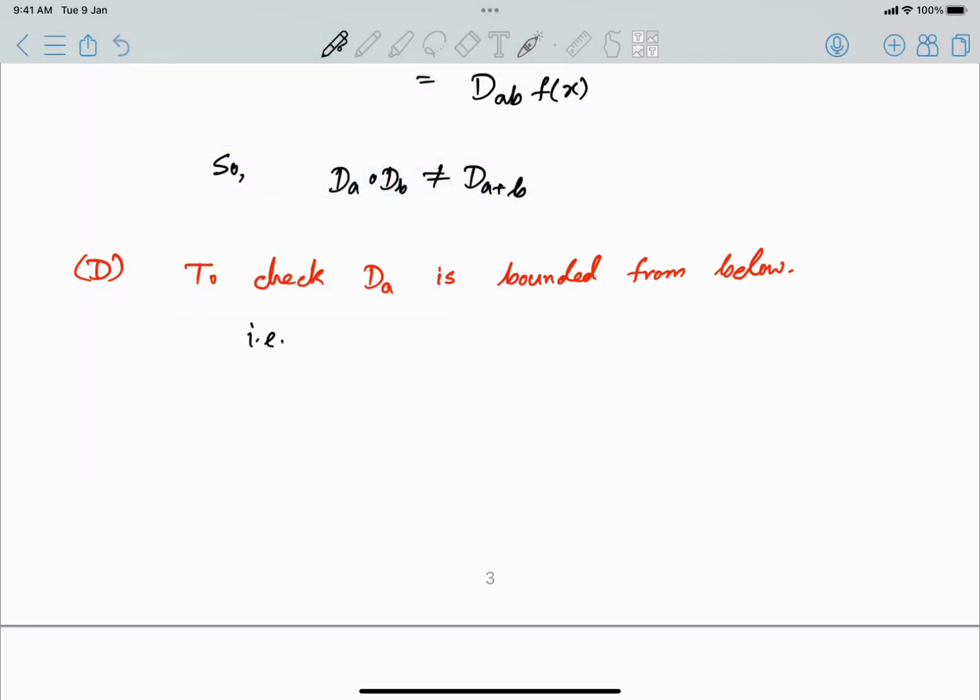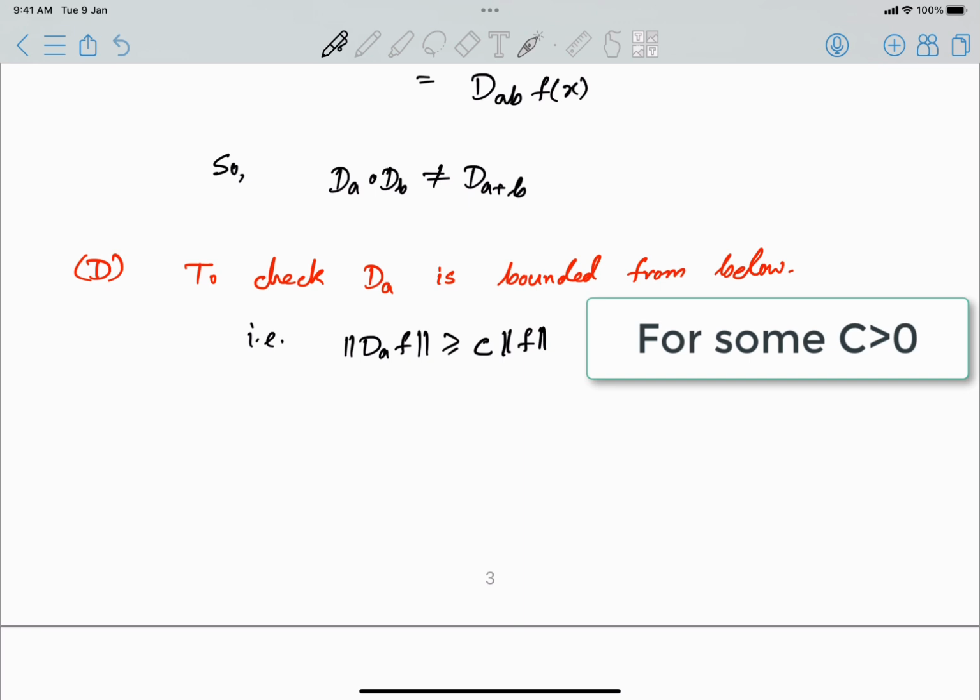It means we have to check that the norm of dA of f should be bigger than or equal to some constant c times the norm of f. So this is the meaning that dA is bounded from below.